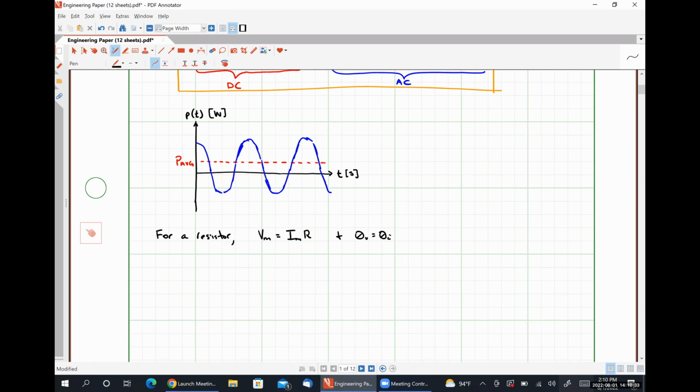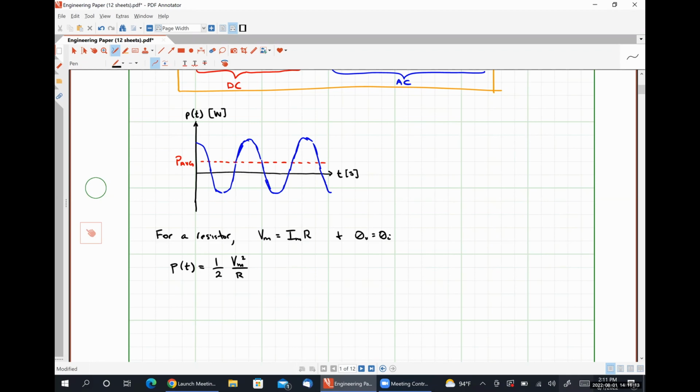So under these constraints, our instantaneous power equation, p(t), can be written as 1/2 Vm squared divided by R, by simply substituting Im equal to Vm over R, times the cosine of theta V minus theta I. And since theta V and theta I are equal for resistors, we simply have the cosine of 0, which is 1.